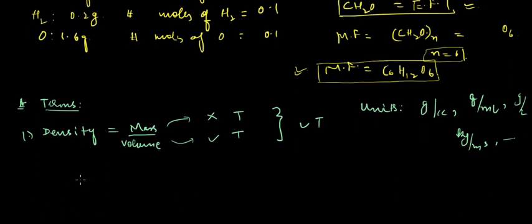Let's define what is relative density. So relative density is density of a substance divided by density of reference.